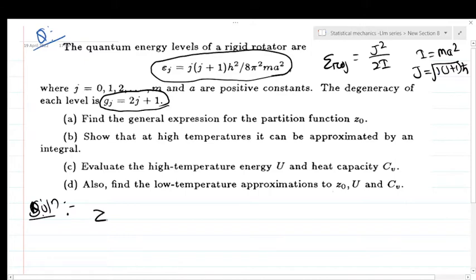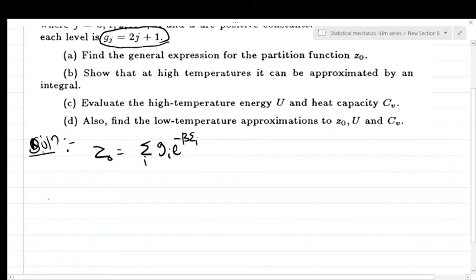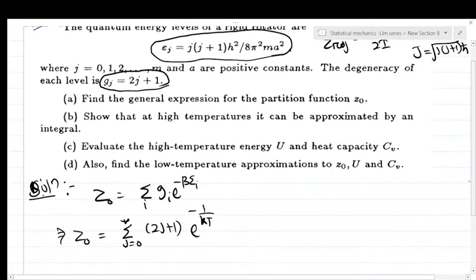As you know, the partition function is the sum over g e to the power minus beta E. So put the values: Z is equal to the sum over j ranging from 0 to infinity of (2j plus 1) e to the power minus beta E, where beta is 1 by kT, and the energy is given as j(j+1) h squared by 8 pi squared m a squared.